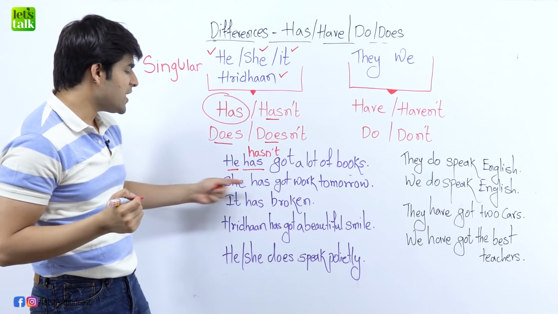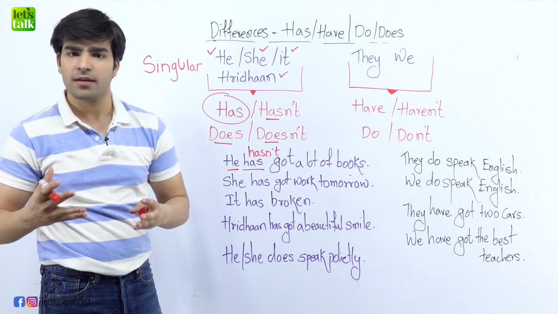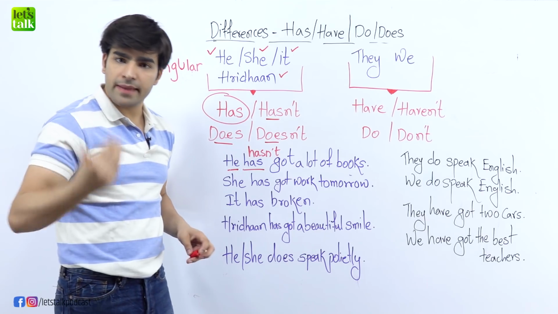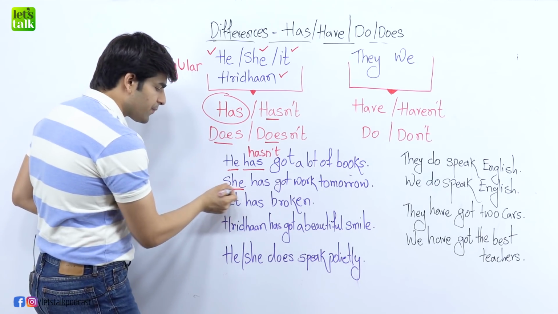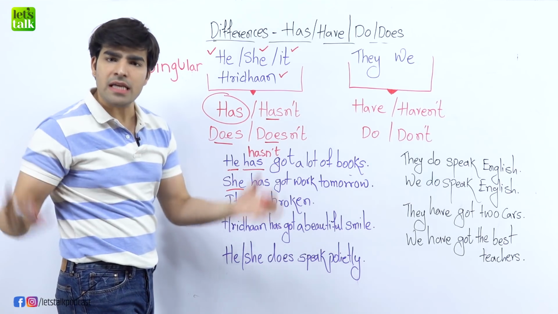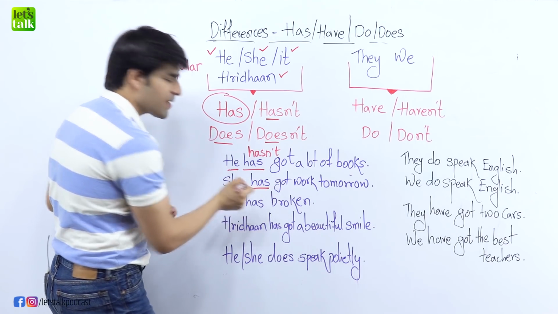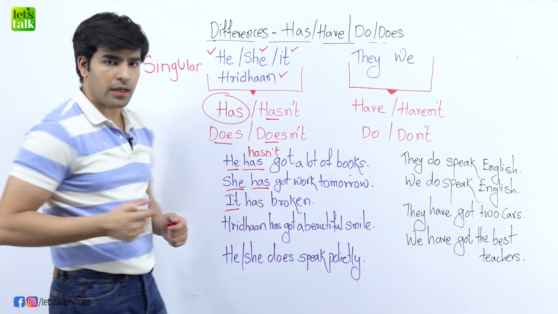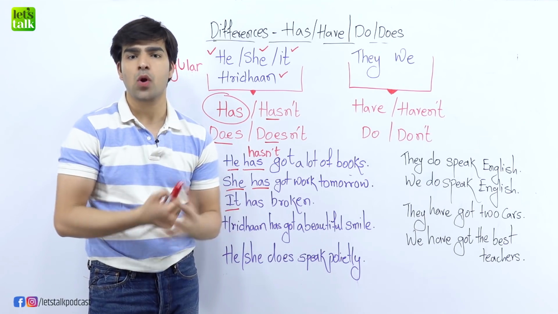Next one, she has got work tomorrow. This girl, whoever she is, has got work tomorrow morning. That means that she has to go to her office tomorrow morning. She is just one girl or many girls? Just one girl. So we use has with it. Next one is it has broken. Imagine I'm talking about a machine and I say it has broken down.